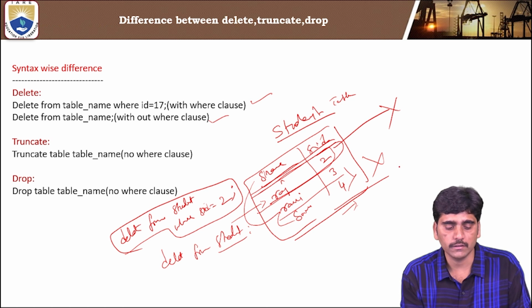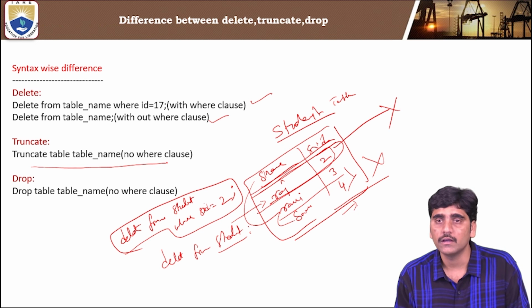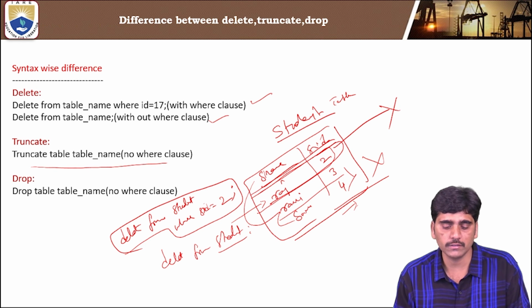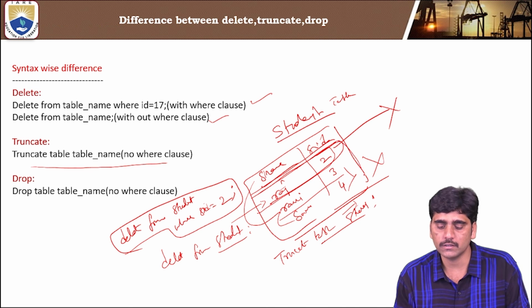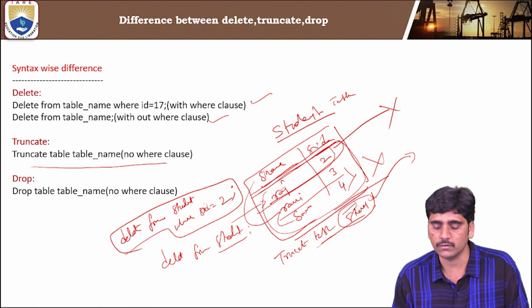But when you perform truncate with no where clause, truncate table student, then the records in the table will be deleted, and the schema is not affected. So records will be deleted, but the table will not be deleted.